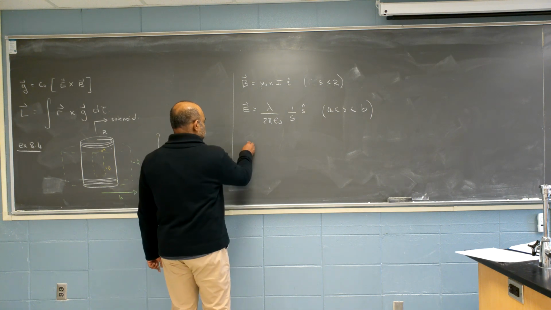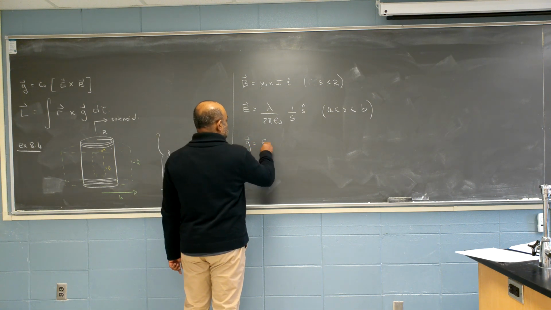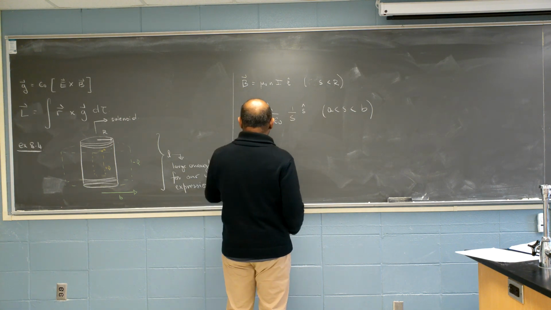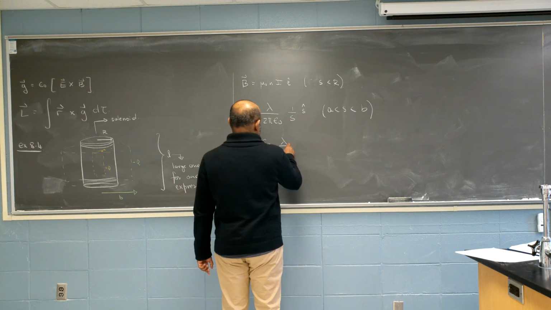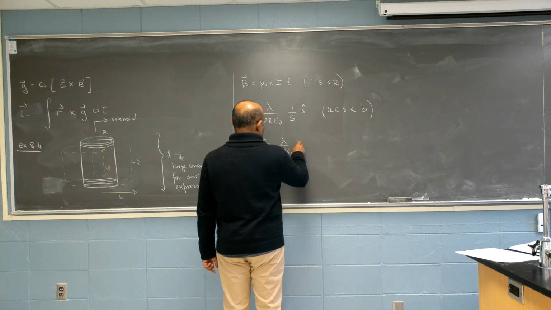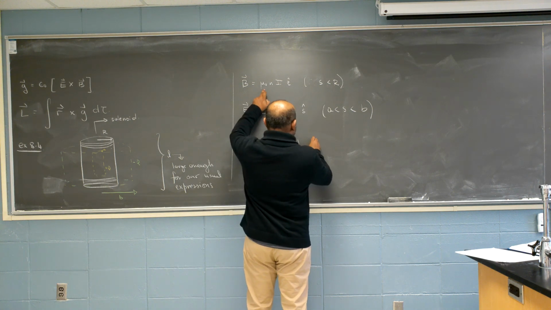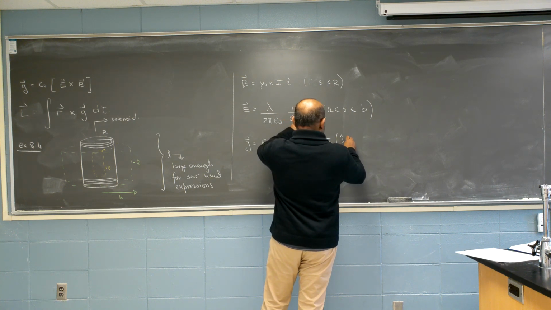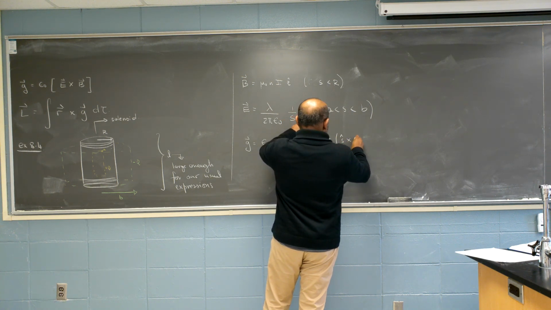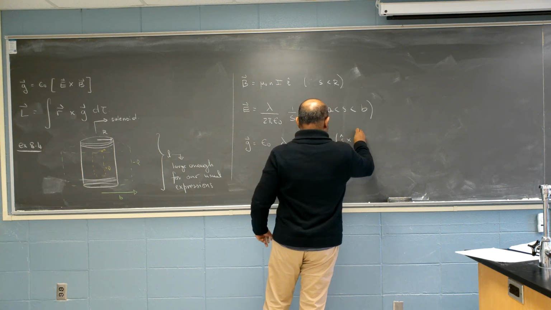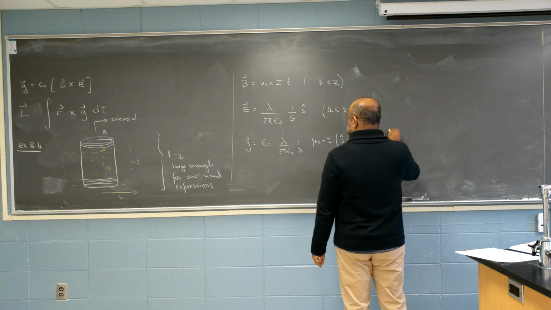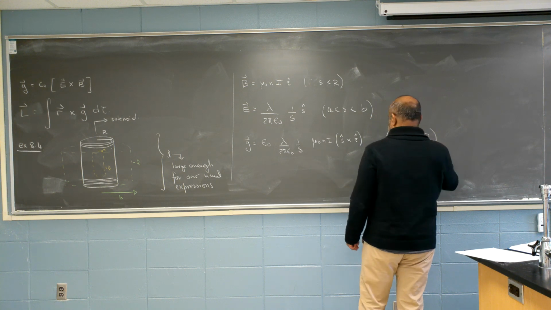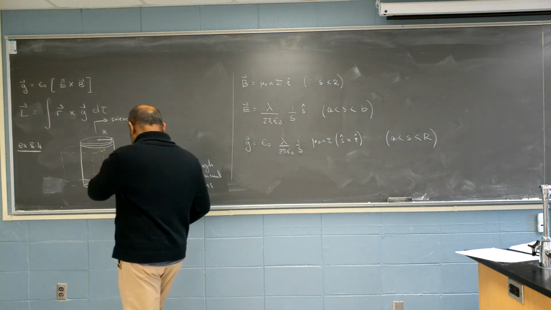So let's do G, epsilon naught times E cross B. G will have to be in the intersection, right? So I'll make that clear. It is lambda over 2 pi epsilon naught, 1 over s, times mu 0 n I, and then the cross product s hat cross z hat. And this exists for, is that true? Because B doesn't exist out here.